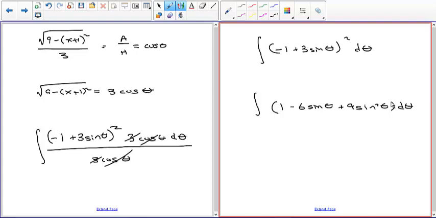Okay, so we look at power reducing formulas. So this term here, what we'll have is 1 minus 6 sine theta plus 9 times, and the power reducing formula is 1 minus cosine of 2 theta over 2. And that whole thing times d theta.